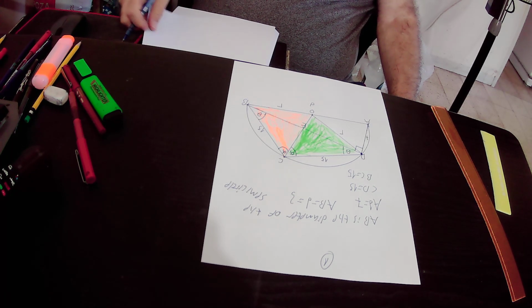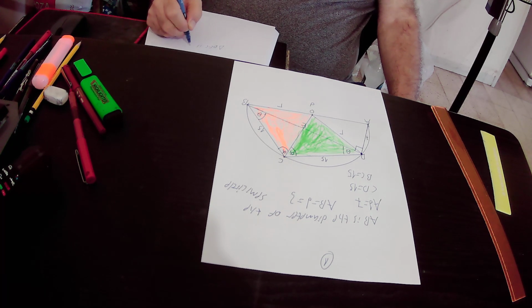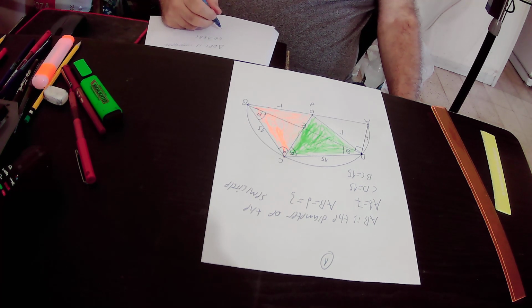So triangle DEC is congruent to triangle EBC according to the side angle side rule.